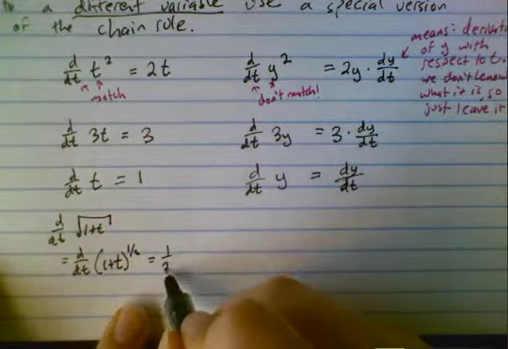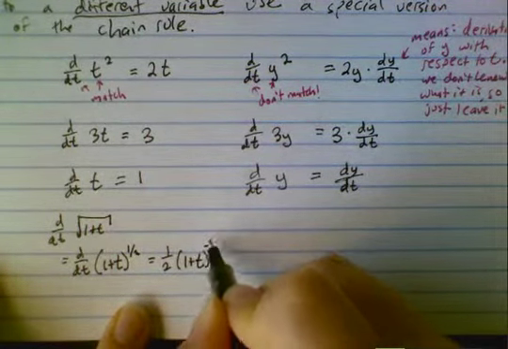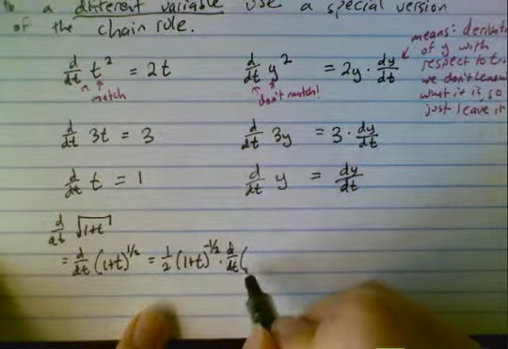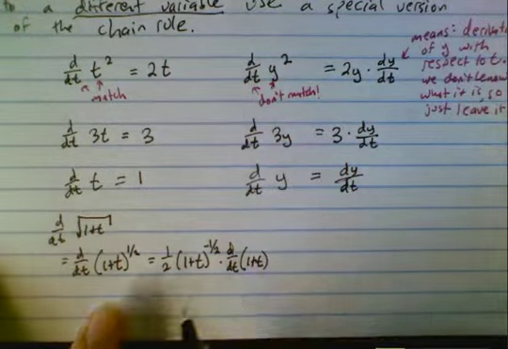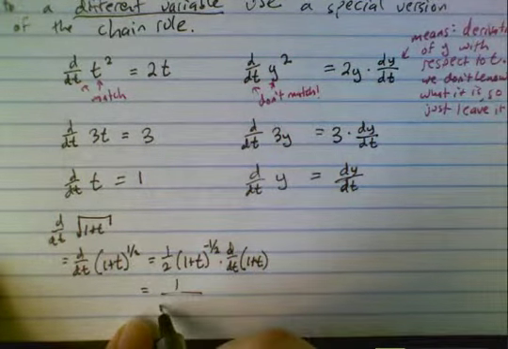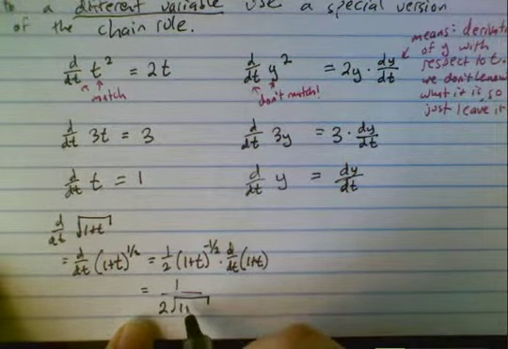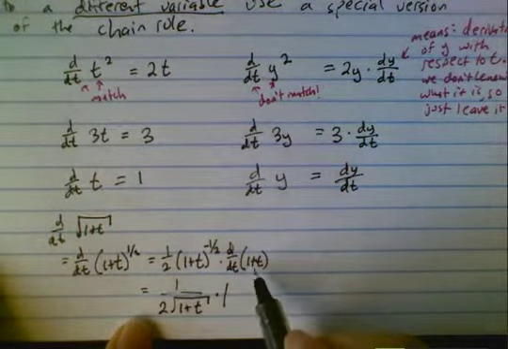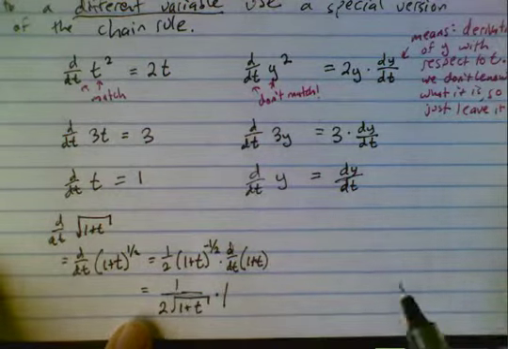So that equals 1/2 1 plus t to the negative 1/2 times the derivative of 1 plus t. That derivative is just 1, so it's just like that.